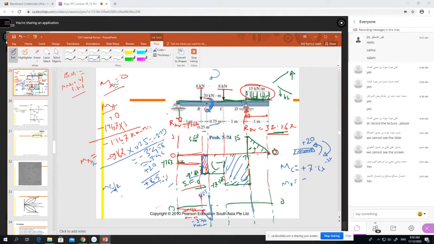Moment at C, how much will be moment at C? So we have 16.5 here and 16.5 at this point. So we want to find the moment at point C, or we can say moment C, a little bit left side. So it is equal to 16.5 we already have, minus this is equal to actually a straight line, and this 9.167 into the horizontal distance, from here to here is 0.75.